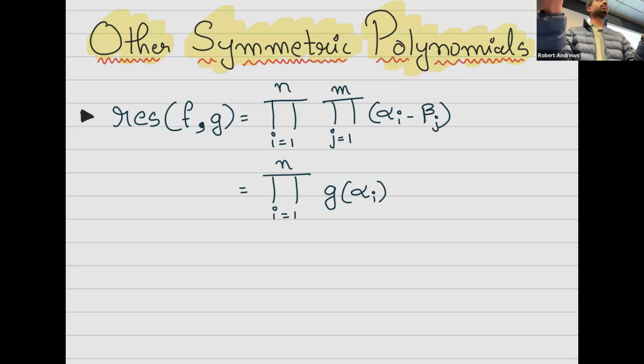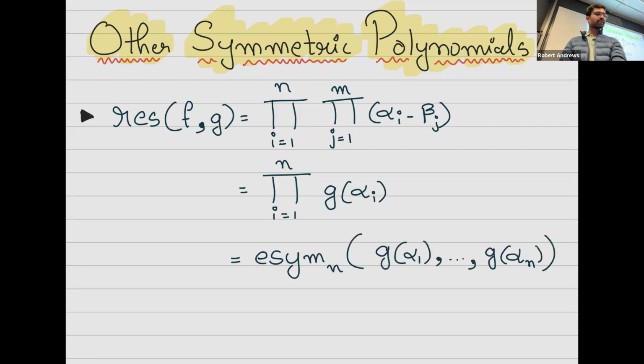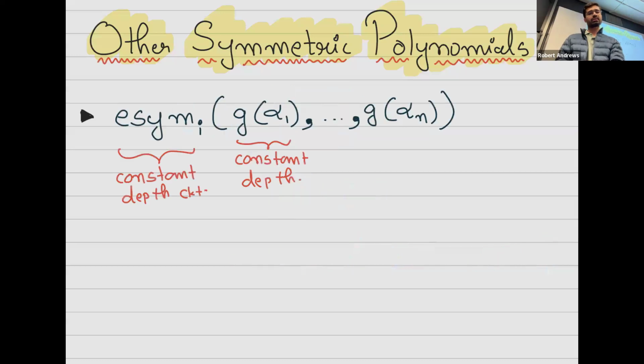So let's see some other symmetric polynomials to which we can apply it. So the resultant is the product of g of alpha i. In particular, it is the nth elementary symmetric polynomial. So we can ask, why restrict ourselves to the nth elementary symmetric polynomial of these g of alpha i? What is the ith elementary symmetric polynomial of g of alpha 1 up to g of alpha n?